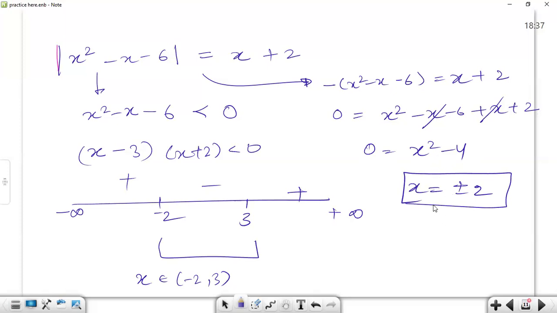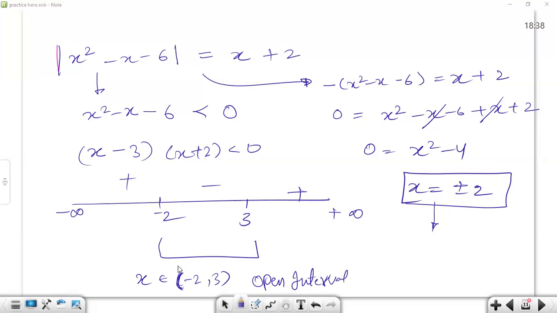Now let's re-verify whether this solution satisfies our earlier calculation, whether it is lying in the domain or not. Please tell me whether x equals minus 2 is in the domain which we have found.